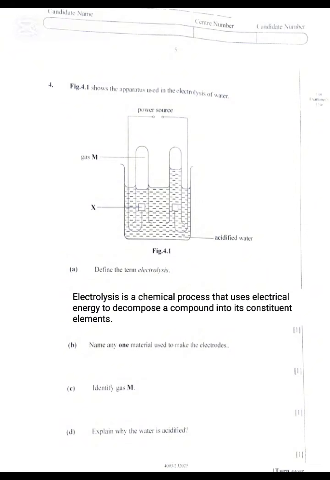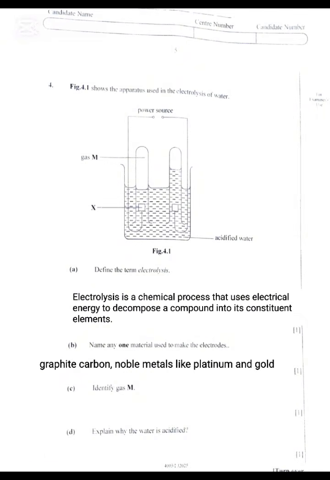For example, if we decompose lead bromide, we are going to get lead ions and also bromine ions. And then we need to proceed to part B. Name 2 materials that can be used to make electrodes. So we can use graphite carbon, we can use copper, and the noble metals, for example, gold and platinum.